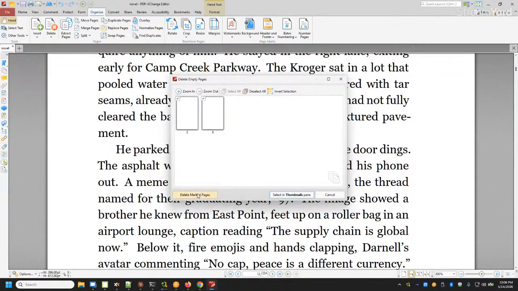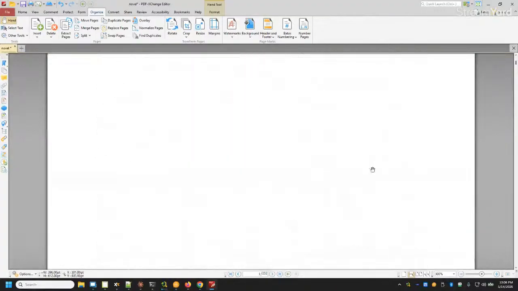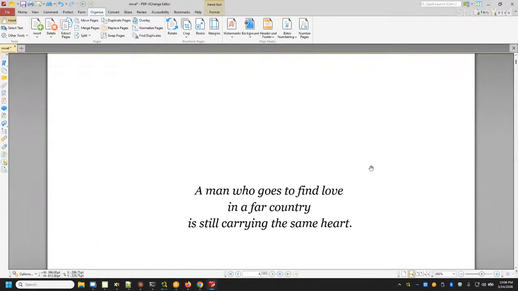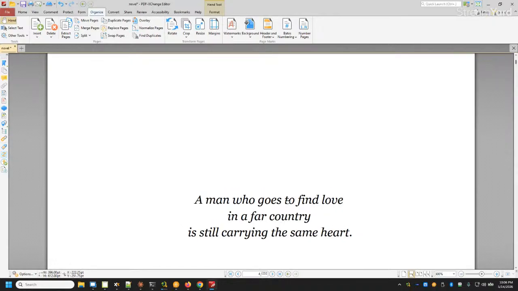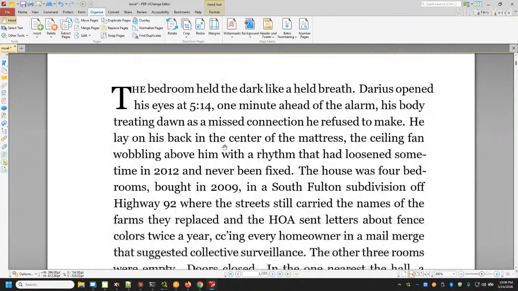There's only two. Okay, so 232 pages versus 234. "A man who goes to find love in a far country is still carrying the same heart." That's from Kimi K2.6. That's why there's no name. That's the bot talking.